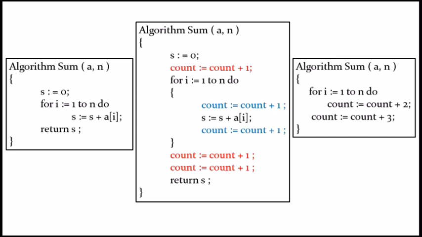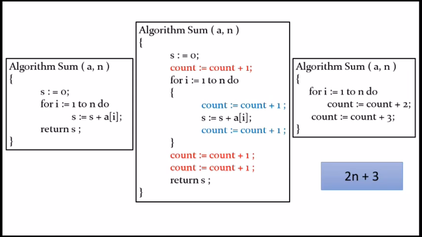N times. So that will become 2n, and the last count statement, that is count plus 3, we are executing 1 time, but we are adding 3 steps into the count. So the final time complexity of this particular algorithm will become 2n plus 3.